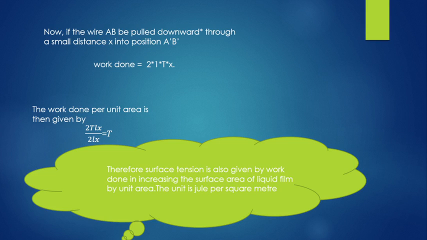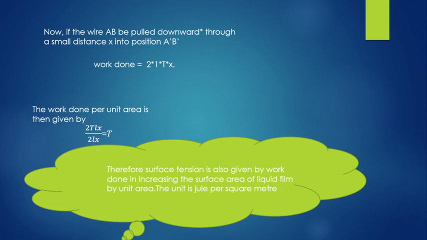Now we are moving the side AB to a new position A prime B prime so that the length increases. So the new area is 2 into L into x. So the work done per unit area is work by area, that's equal to 2 into T into Lx divided by 2Lx, that's equal to T. That is the surface tension of the soap solution.